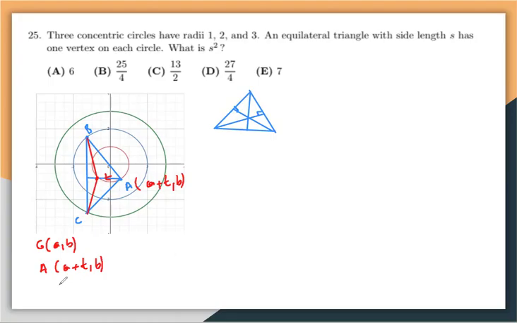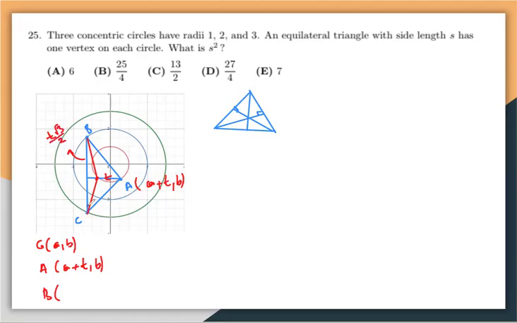Okay, and if I want to find the next vertex, this is T, and then this has to be T over 2. And there's a 30-60-90 triangle right here. In this triangle, because this side is T over 2, it's opposite to 30 degrees, so this has to be T root 3 over 2.